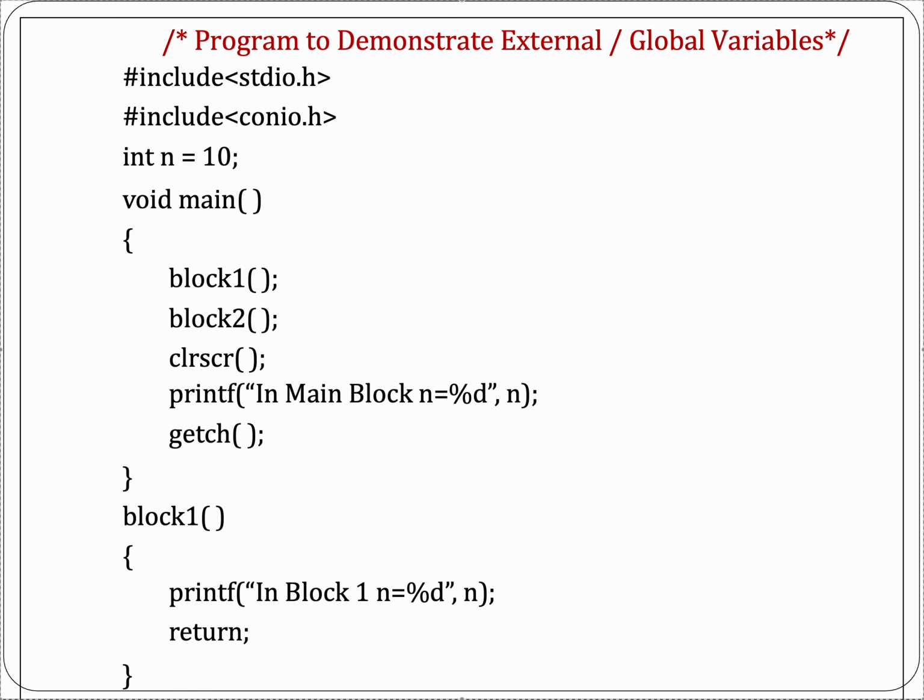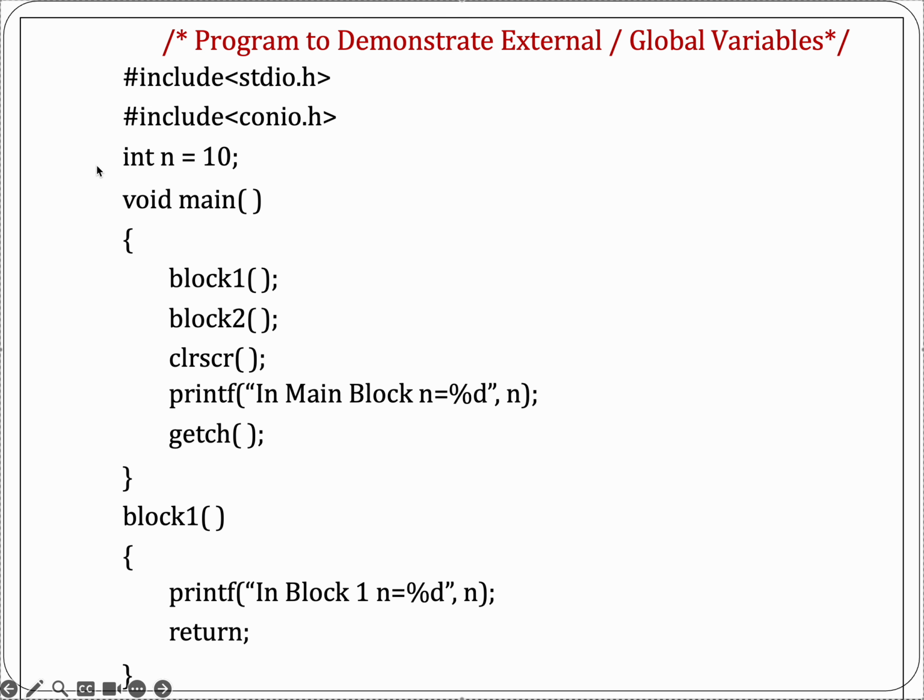Next line: int n equal to 10. This is the line which we call the global variable. Here they have not mentioned the keyword extern.